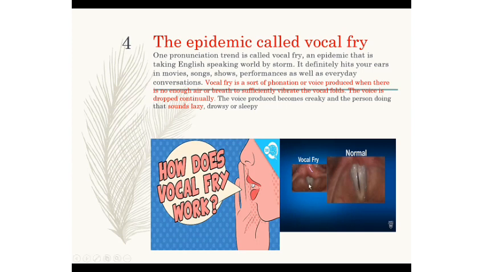On the other hand, in vocal fry, there is not enough air and not enough pressure, and this is why the voice produced is creaky, and the person speaking this way may sound lazy or drowsy or sleepy and so on. They are speaking like that. Let me say, for example, the last sentence: people who speak in a vocal fry, they sound like this.